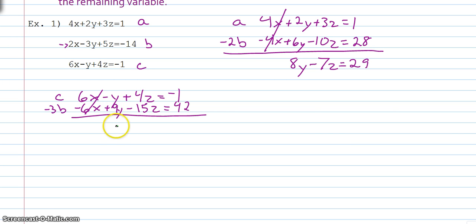Negative y plus 9y is 8y. 4z minus 15z is negative 11z. And then negative 1 plus 42 is 41.